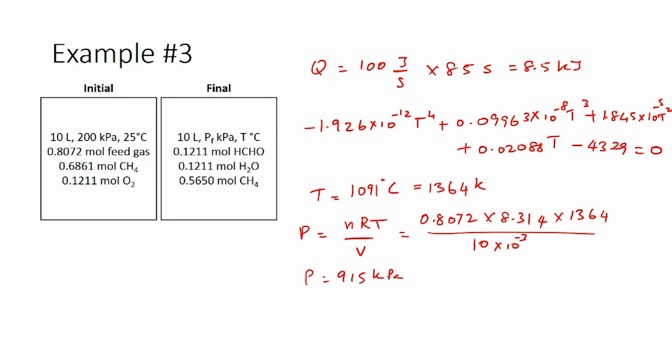Methane, when reacting with oxygen, can have a combustion reaction, and obviously the heat of reaction for a combustion reaction would be significantly higher than the formaldehyde formation reaction we are looking at here. Because of that you would have had a much higher temperature, resulting in a very high pressure and an explosion. That is what the problem alludes to.